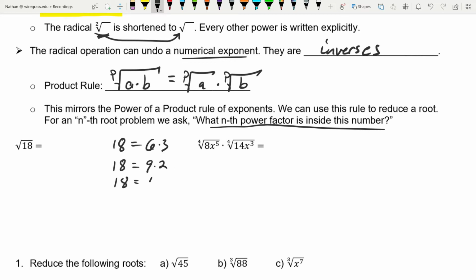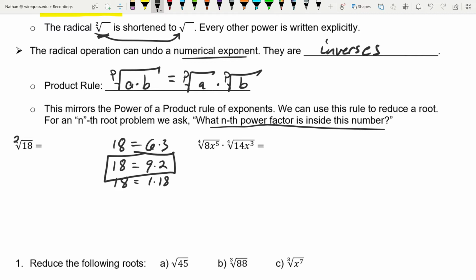It's also, of course, 1 times 18. In these, I'm going to look at the second one because we're looking at a square root, in other words, a power of 2. And it just so happens that 9 is also the same thing as 3 squared. So we have a power of 2 on the radical, and we have a factor with a power of 2 on the inside. 9 is 3 squared.